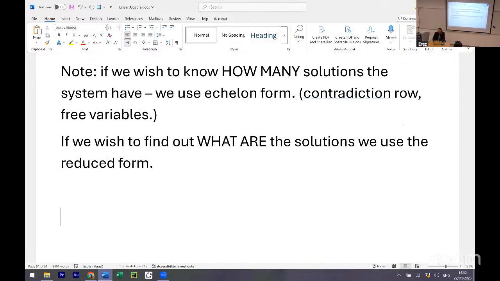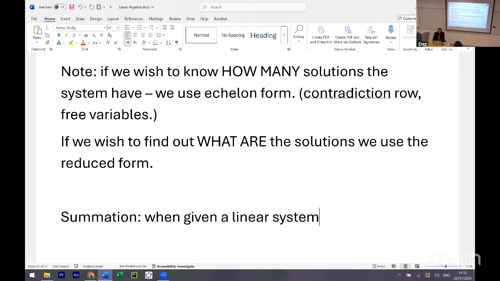I'll give you a summation of what we do when given a linear system of equations. You do the following steps.